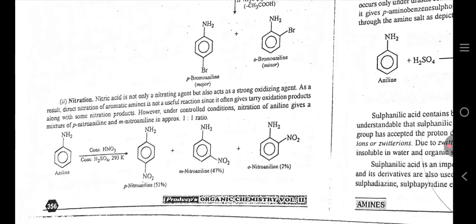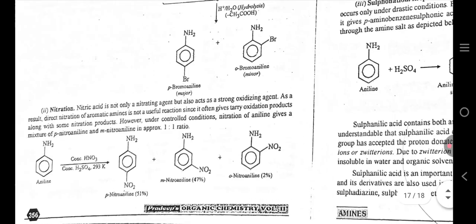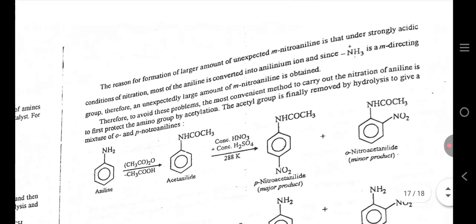However, under controlled conditions, nitration of aniline gives a mixture of para-nitroaniline and meta-nitroaniline in approximately 1:1. The reason for formation of a larger amount of unexpected meta-nitroaniline is that under the strongly acidic conditions of nitration, most of the aniline is converted into the anilinium ion, and since NH3+ is a meta-directing group, an unexpectedly large amount of meta-nitroaniline is obtained.